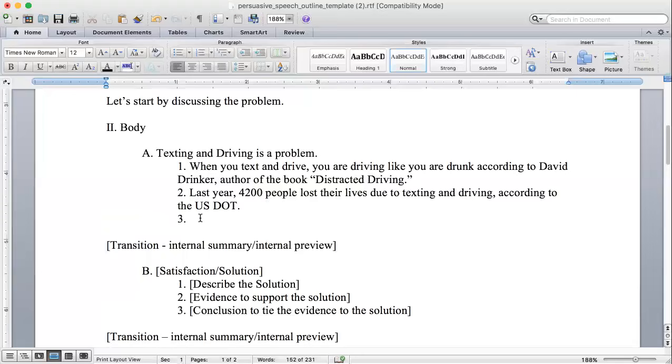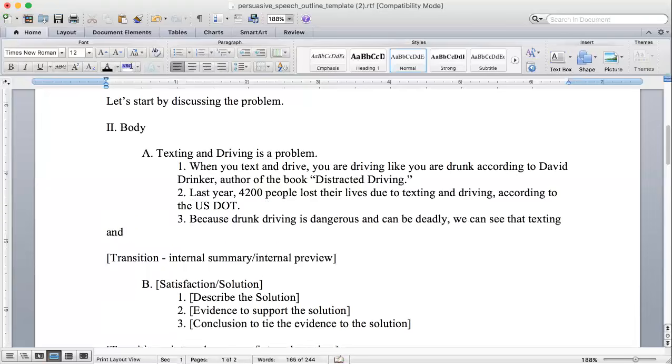So we can say something like, because drunk driving is dangerous and can be deadly, we can see that texting and driving is just as, if not more dangerous.